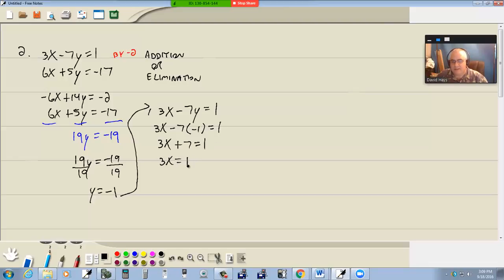Take 7 over to the right side, it becomes -7. Now we get -6. And then divide both sides by 3. And we get x is equal to -2. So our answer will be -2, -1.